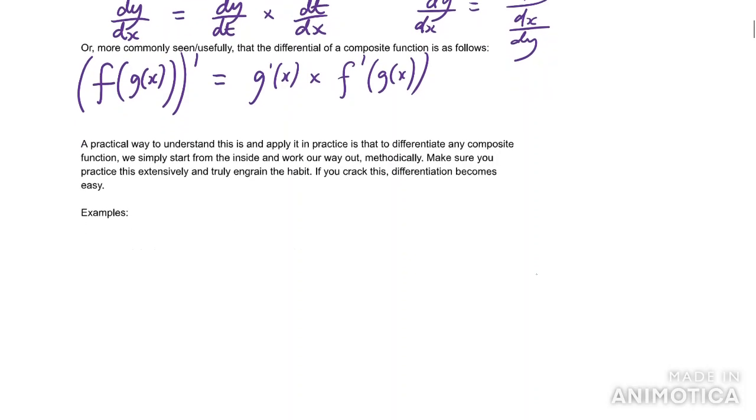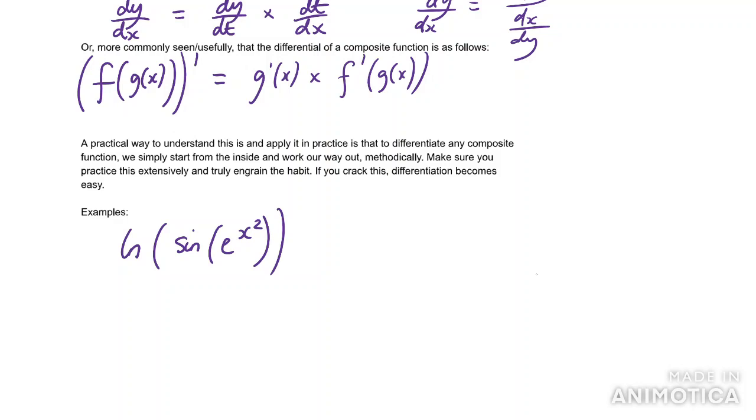So for any composite function, all you want to do is start from the inside and work your way out methodically, ignoring the stuff further out until you reach it. If you truly ingrain this habit, you'll find that differentiation becomes extremely easy. So for example, let's start off with something relatively nasty, ln of sine of e to the x squared.